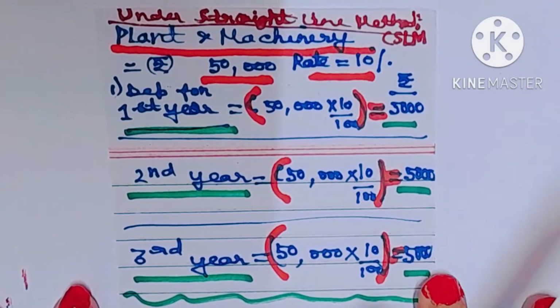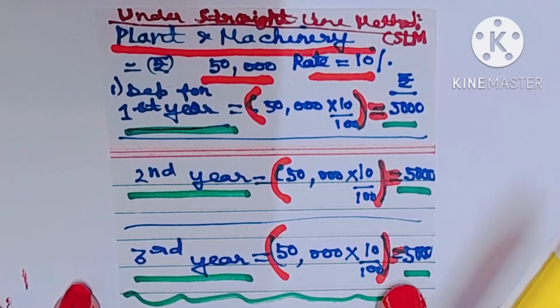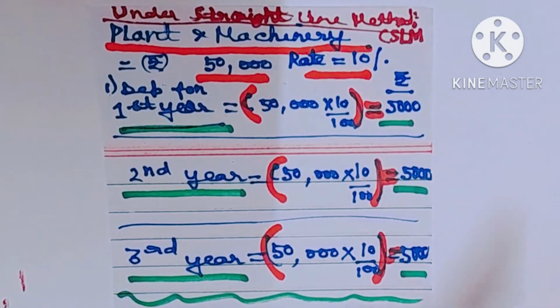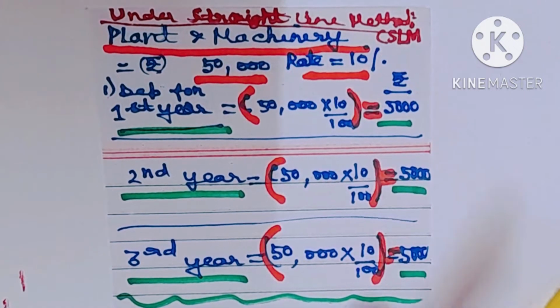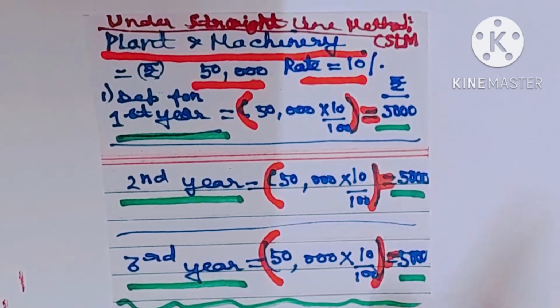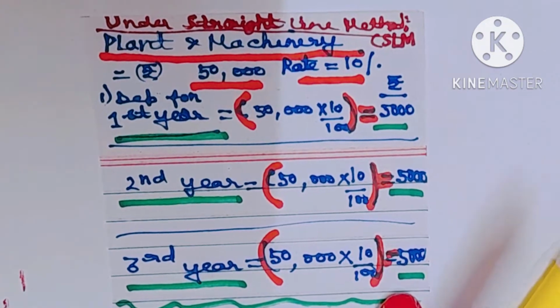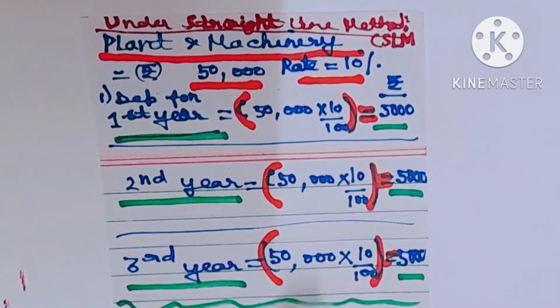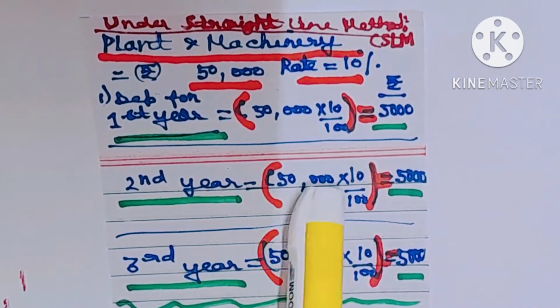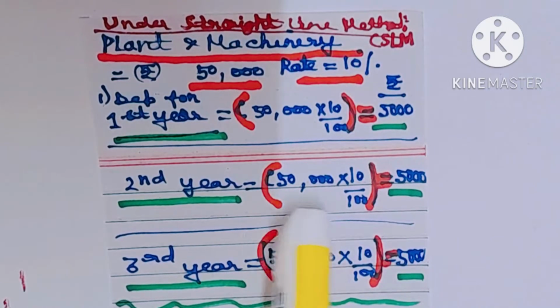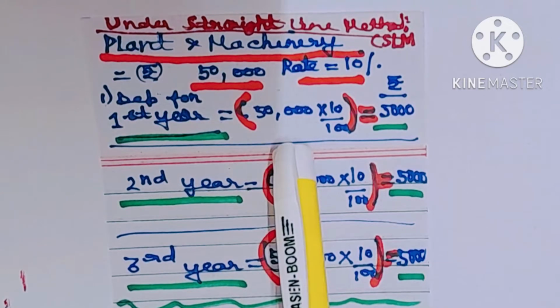That is the reason this method is also known as original cost method. Understood? This is the reason this method is known as original cost method, because under this method depreciation is charged at a fixed percentage on the original cost of the asset. What is the original cost? 50,000. Understood?